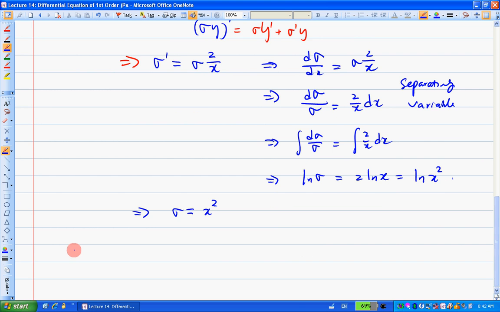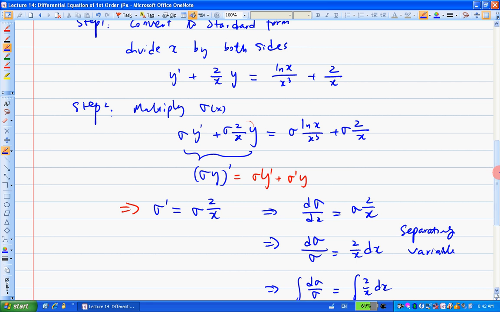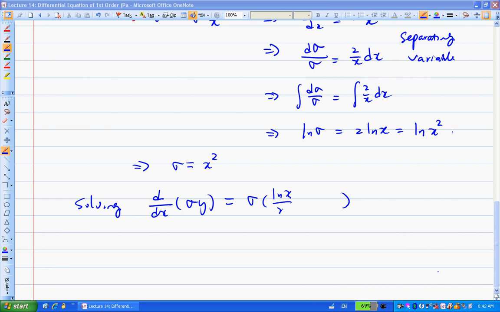So what we're solving now is d over dx of sigma y equal to sigma multiplied by the big right side, which is this guy here. So ln x over x cubed plus 2 over x.